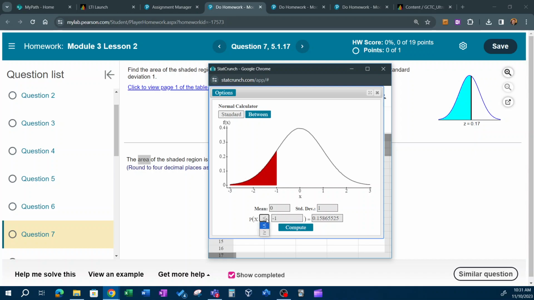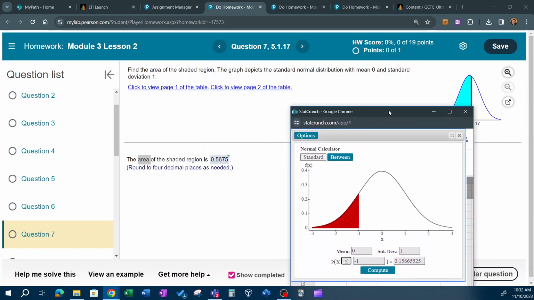And this determines on what side of the boundary is the region. Okay, so this is less than, it's on the left side, greater than, it's on the right side. All right, so the area of the region to the right side is 0.84. It's 84% of the data is over here. But if I go this way, all right, the complement is 15% is over here. Okay, so that's how you do these problems.